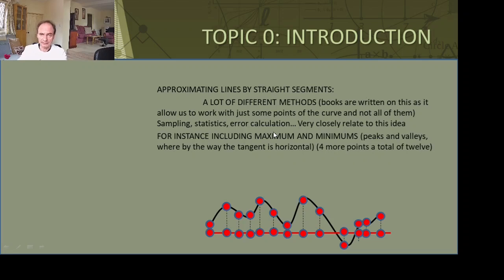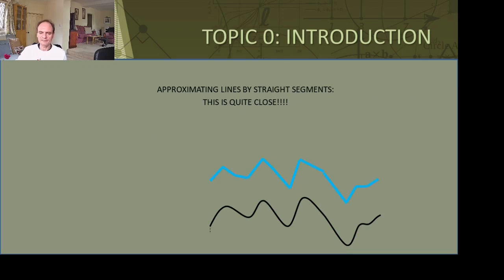So if I add here, as you can see on your screens, the minimums and maximums, and then I draw my blue line, I have just added 4 more points, and now we have something which is very, very close to the actual shape that we have been given, the black line.